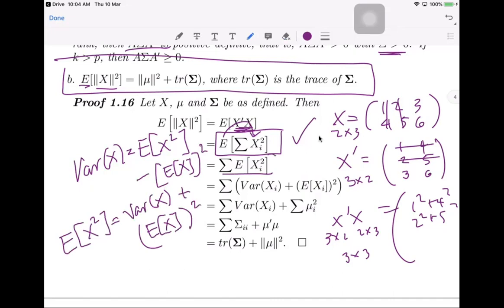In the multivariate case, it can be the variance of x_i plus the expectation of x quantity squared. Until this step, that is okay.